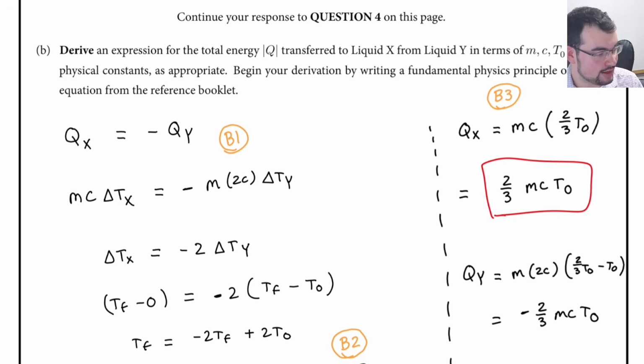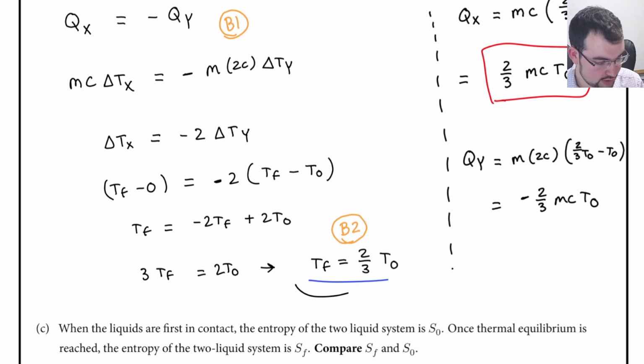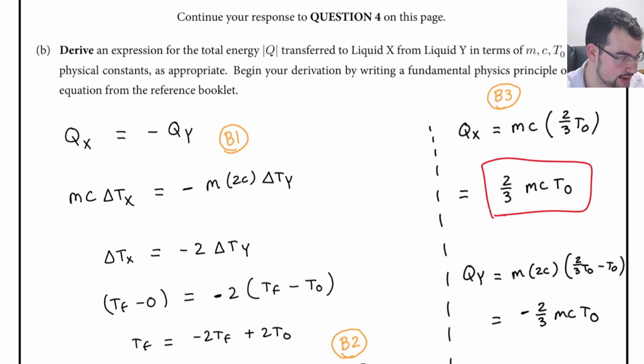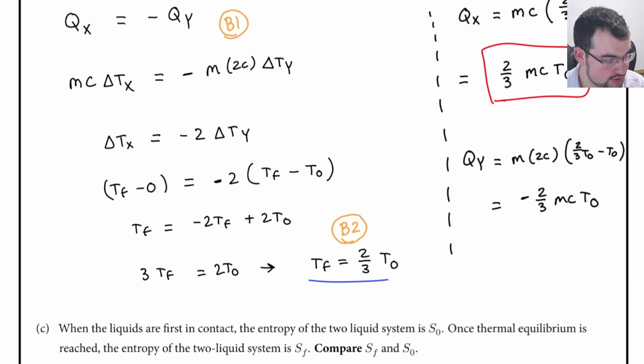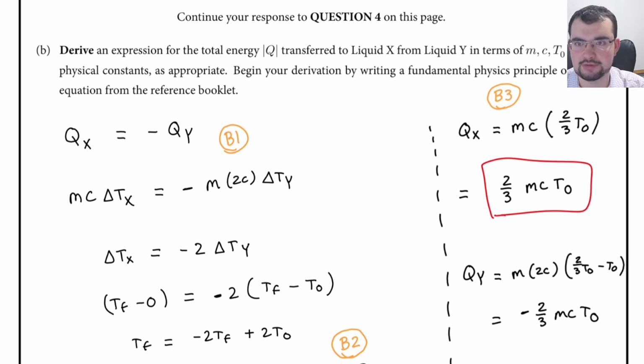So B3 you got by substituting any correct, according to you, temperature into MC delta T to get the final answer. If you thought the answer was T0/2 was the equilibrium temperature, you could say 1/2 MC T0 and get B3, but not B2. So B2 is really the only correctness point. B1 is for MC delta T.